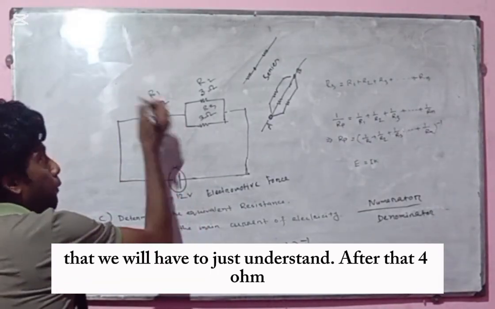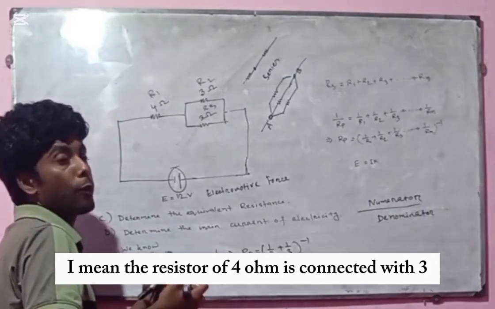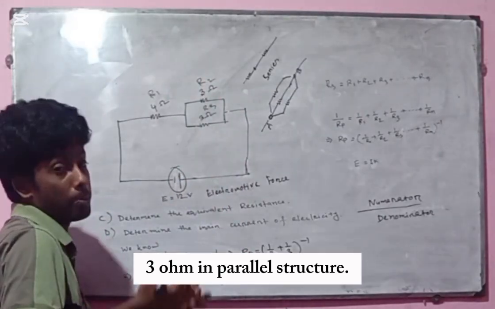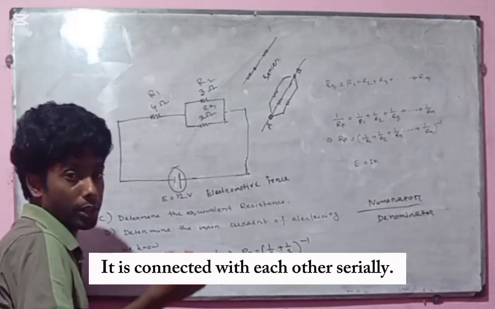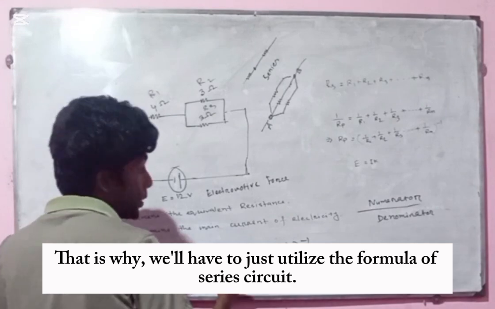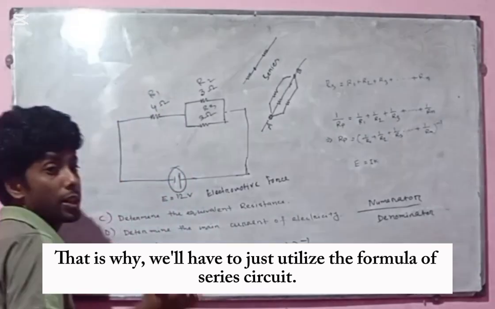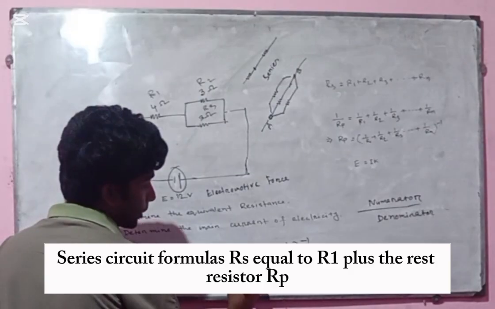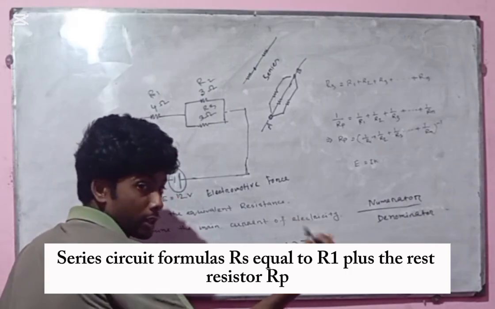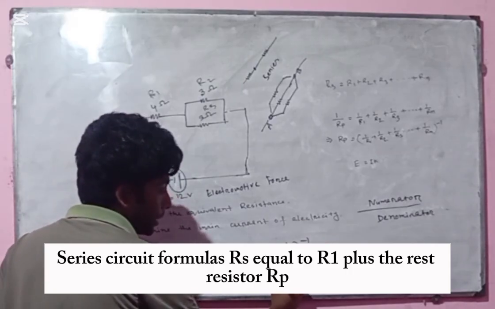After that, the resistance of 4 ohm is connected with the 3 ohm parallel structure serially. That is why we will have to utilize the formula of the series circuit. The series circuit formula is R equals R1 plus the resistance RP.